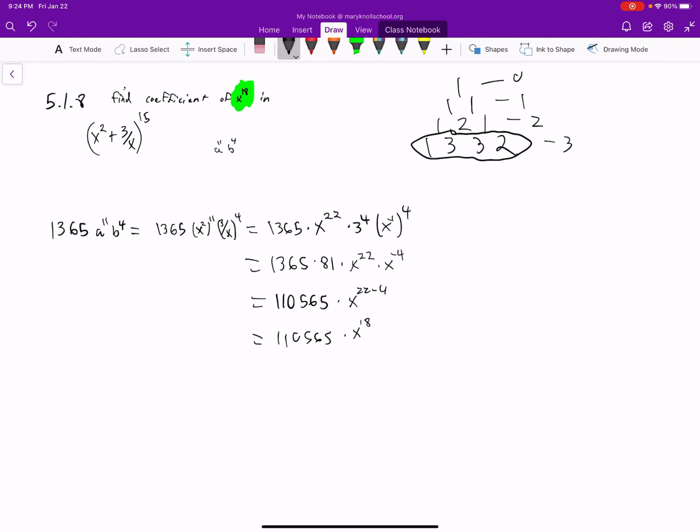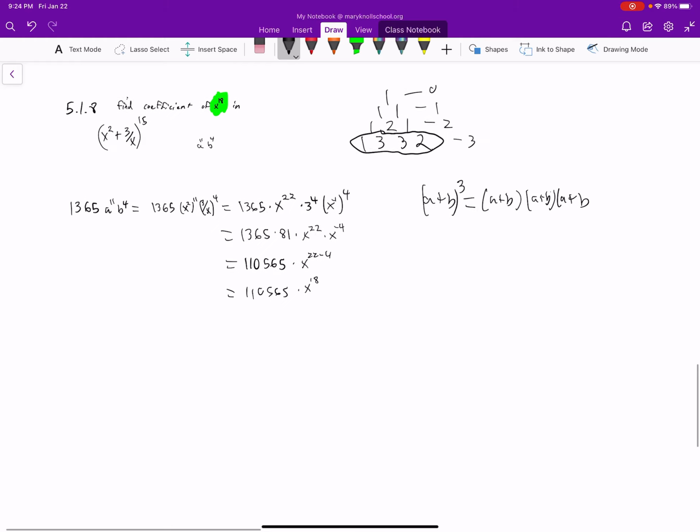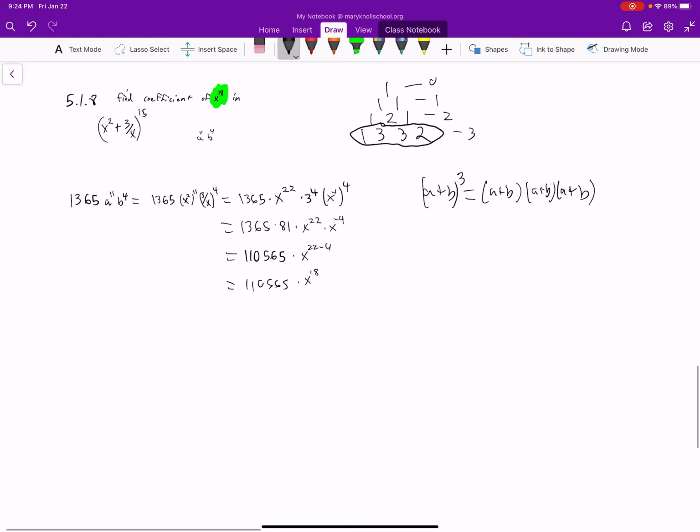So if we have a plus b to the third power, that's going to be a plus b, and a plus b. I'm just looking at these ones now. And what that's going to be is a squared plus 2ab plus b squared.